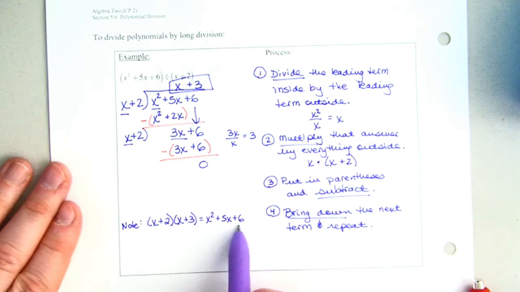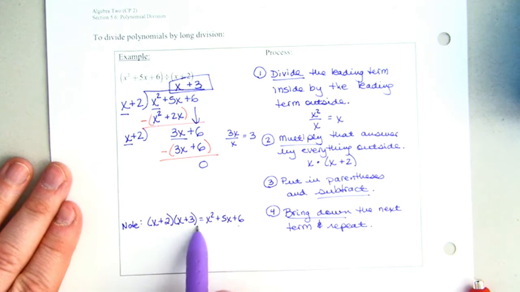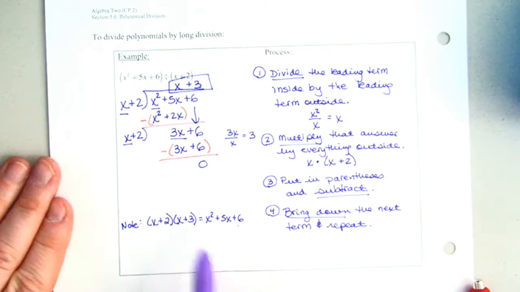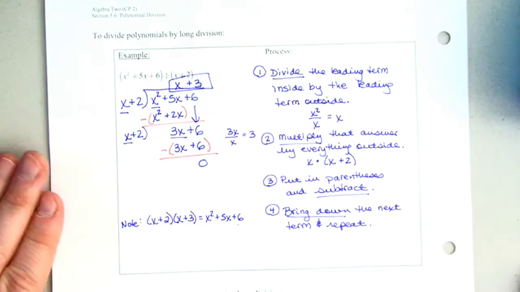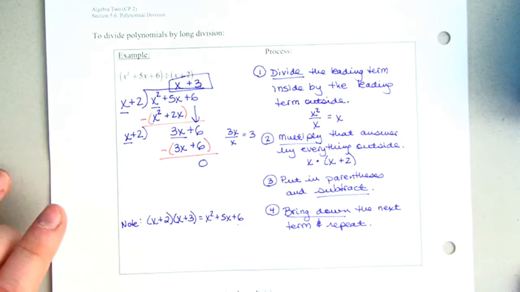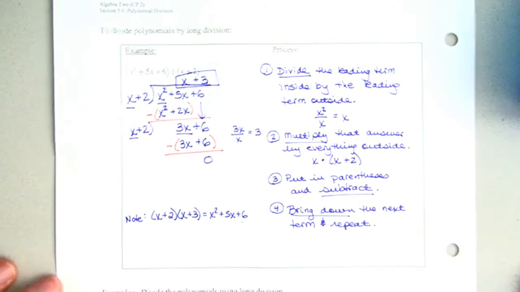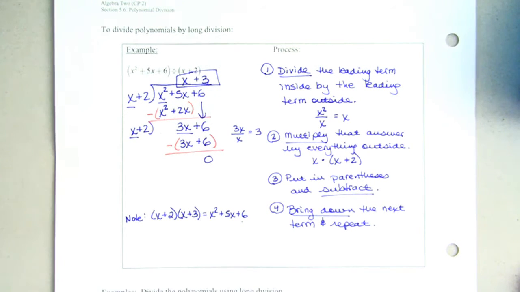Or if we took this and factored, we would get the factor we were dividing by and the answer we got. We're actually going to see, not in this section but in the next section, that we can use division to help us factor things that otherwise we wouldn't have been able to factor. I'm going to pause the video so you can get caught up on anything that's on the top if you need to.